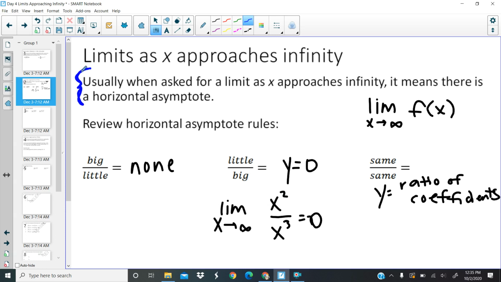So you're going to want to write that down. Basically, if you had a graph leveling off at y equals 0, then when x is approaching infinity, so as you go further and further right on the x-axis, the limit is going to be where this graph is leveling off, where that horizontal asymptote is. That's why in that scenario the limit would be 0.